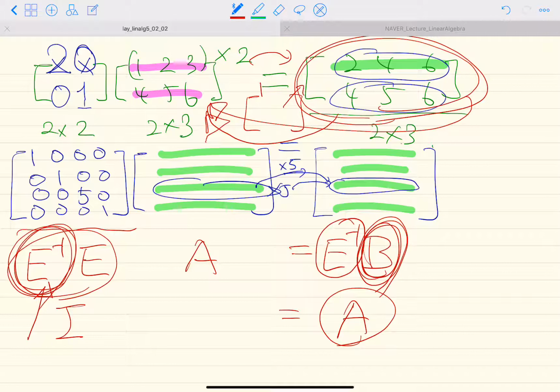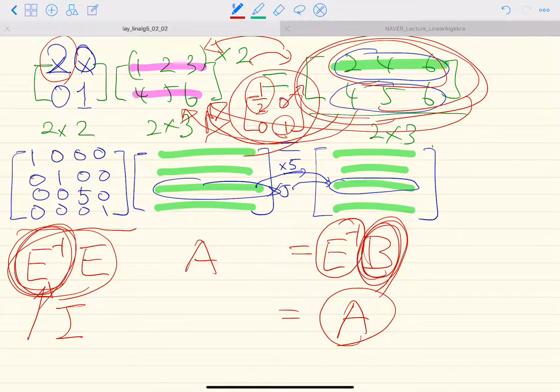It is 1/2, 0, 0, 1. Similar to multiplying by 2 and then multiplying the resulting row by 1/2, it gives us the original row vector. The second row we just bring as it is. So this is your inverse matrix, and we can easily verify that the product is the identity matrix.